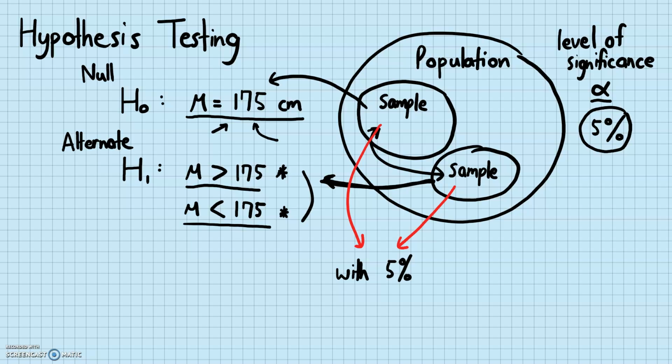Now, how we test if the data is within 5% of each other is we use something called the p-value. I'm throwing a lot of terminology right now. I'll work through an example towards the end, so I'm hoping that that would clear things up. Basically, what we do is we get a p-value for our alternate hypothesis, and we see if it is within 5%. Or I shouldn't say within. If it is less than 5%, if our p-value is less than 5%, so the p here stands for probability.